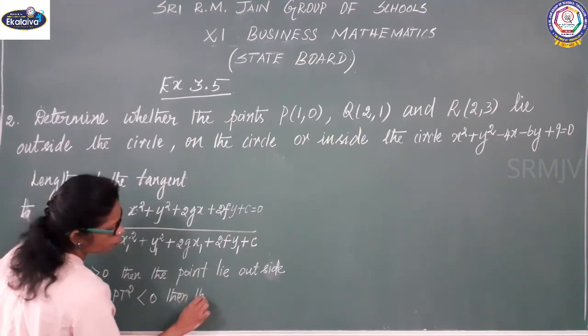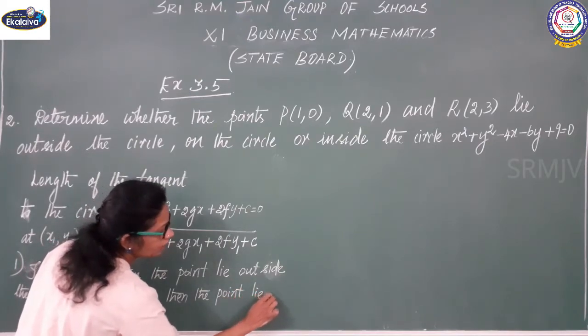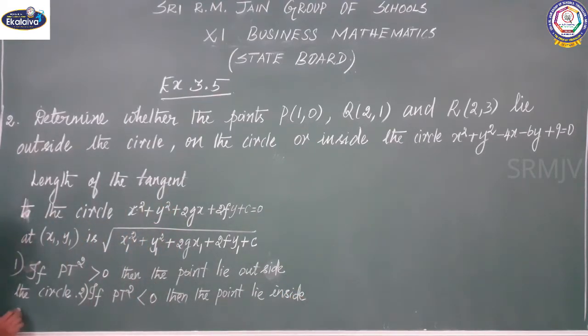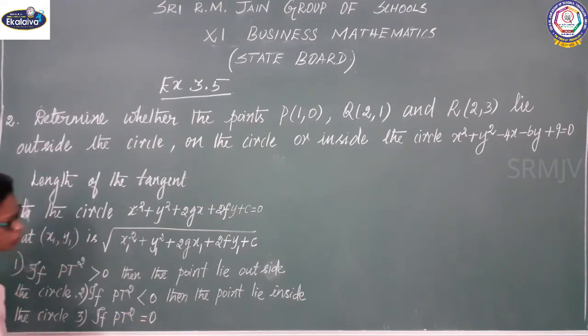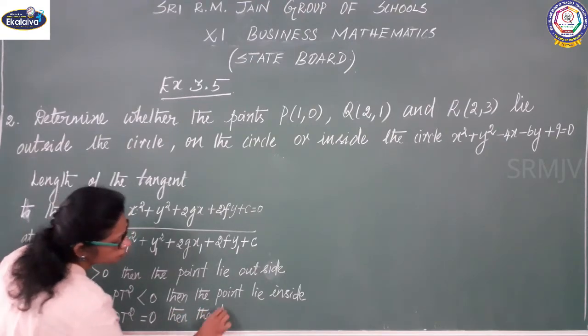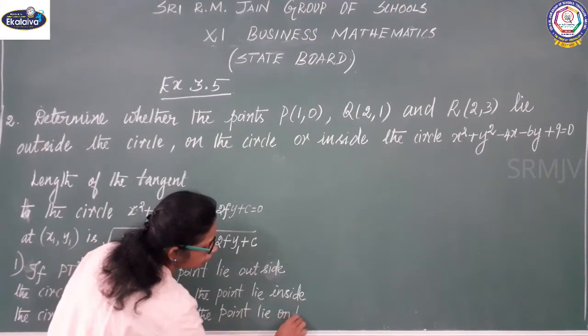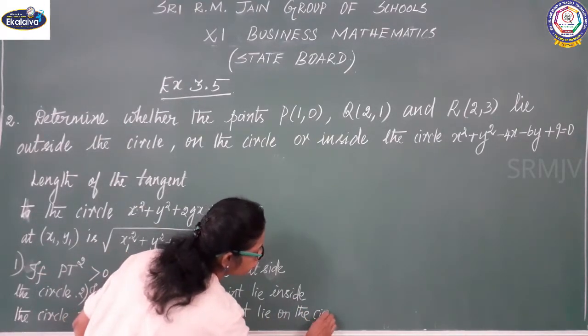Then the point lies inside the circle. Third point, if PT square equals 0, then the point lies on the circle.